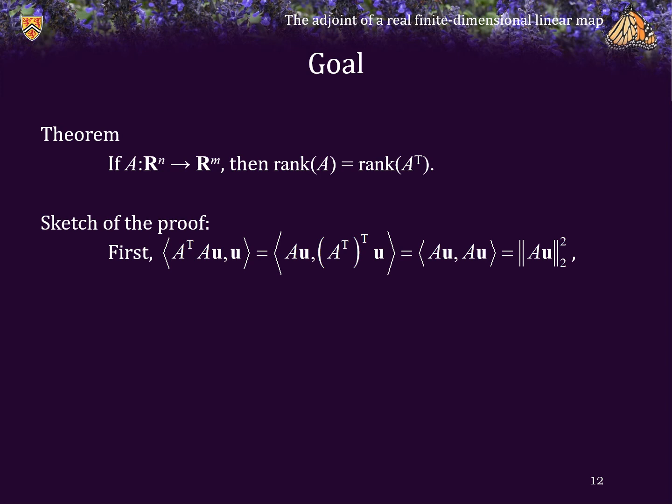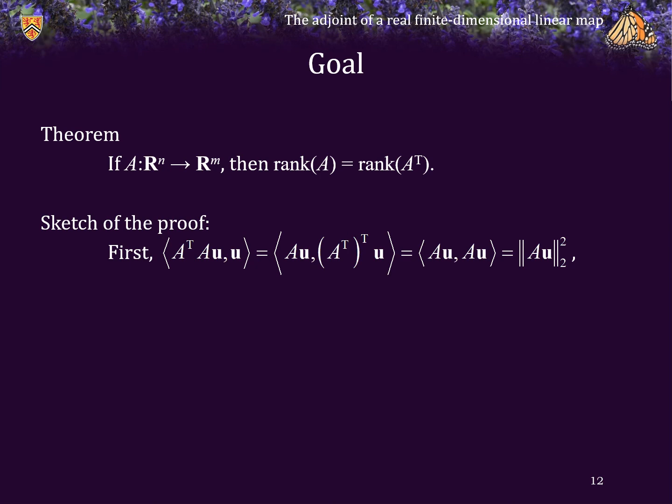Let us consider the composition A transpose times A. This is a linear map from Rn to Rn, for A maps Rn to Rm, and then A transpose takes us back to Rn.